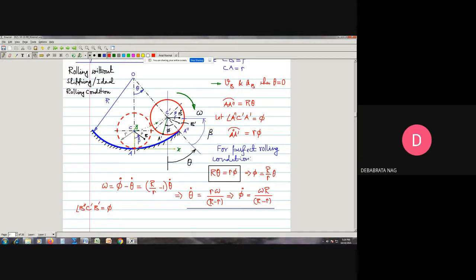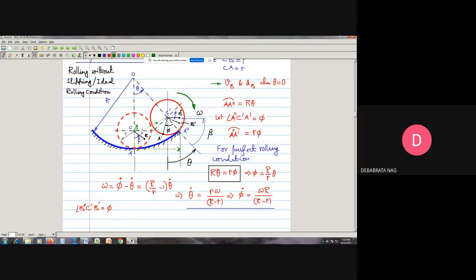Obviously the B dash point has some X coordinate which will be measured from, mentally, if we take a line here, say we draw a line like that. So this is the line, and from here this is the line, we can say this is the origin.